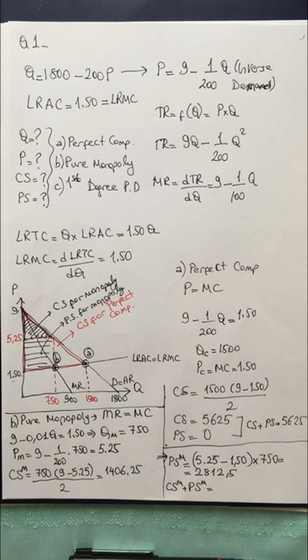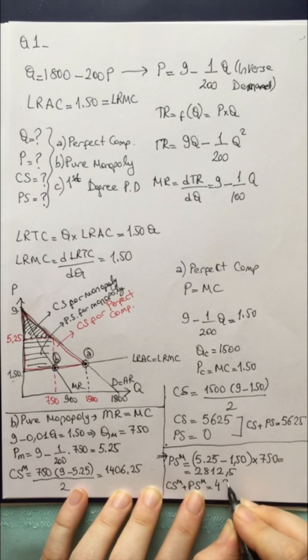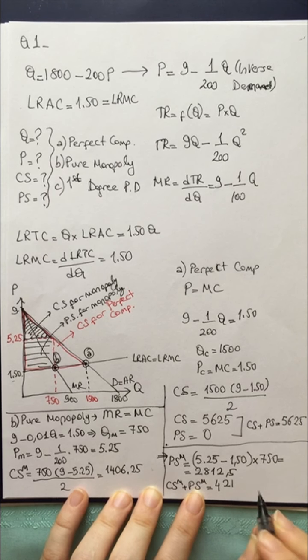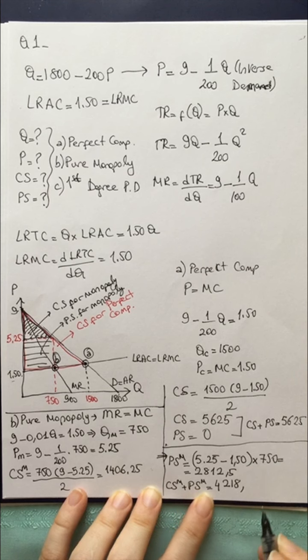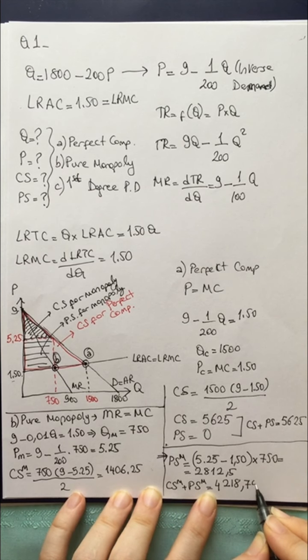we are expecting. It will be lower than the sum of consumer and producer surplus in the perfectly competitive market, which is 1406 plus 2812, 4218.75.